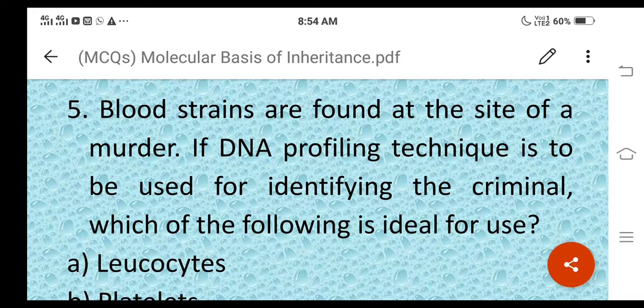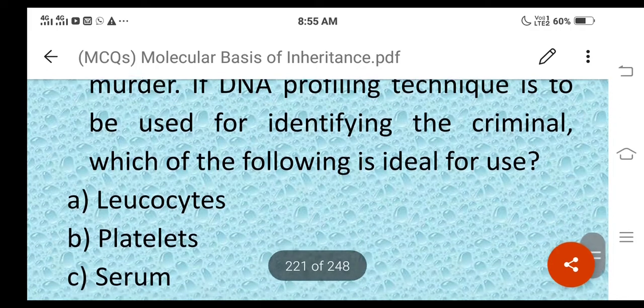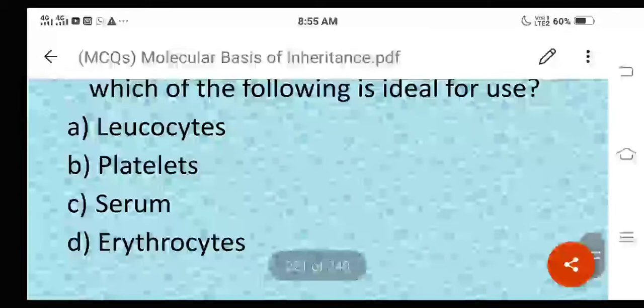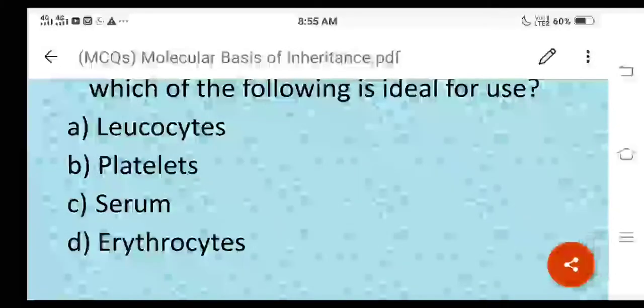Remember, DNA profiling is nothing but DNA fingerprinting only. What are the different options here? One is leukocytes, the second one is platelets, the third one is serum, the fourth one is erythrocytes.